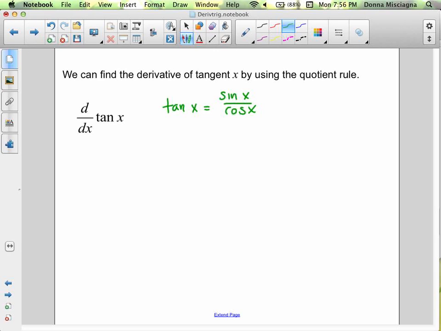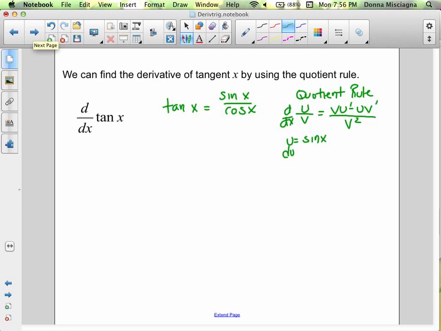As a reminder of the quotient rule, if we take the derivative of a quotient, we'll call it u divided by v, that's going to be equal to the denominator times the derivative of the numerator minus the numerator times the derivative of the denominator, all divided by the denominator squared. So in our example here, the numerator is sine x.